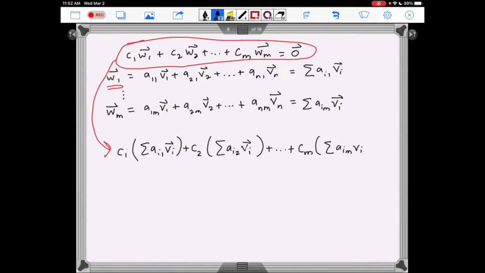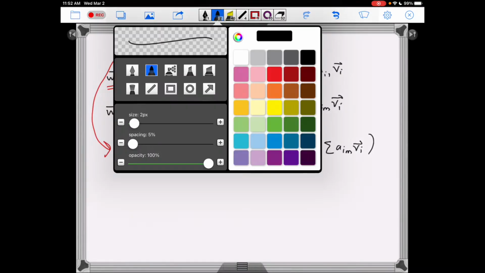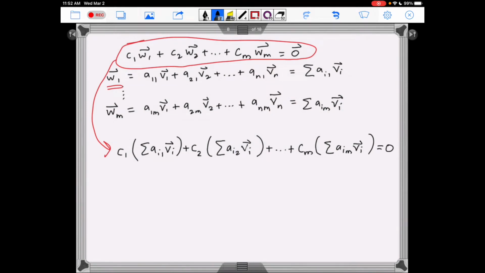I apologize. These are all VI, right? Because they're summing over all of that. Equals 0.